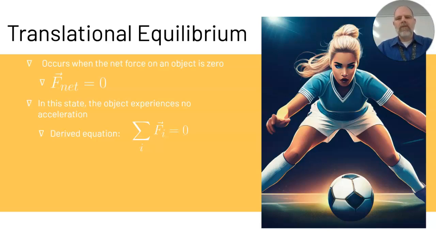That's the sum of forces all together, and those would always equal 0 when we're in equilibrium. For some examples, a soccer ball sitting in the grass is at translational equilibrium because the sum of forces is equal to 0. Another example would be a car driving on a straight level road at a constant speed. The forces even out on the car, so it would be in translational equilibrium.